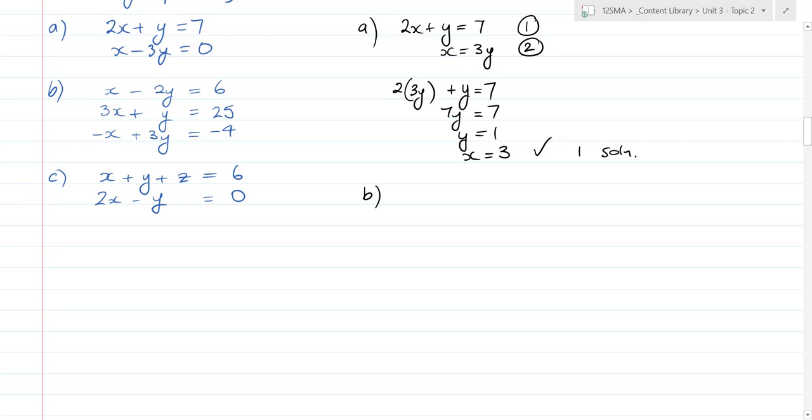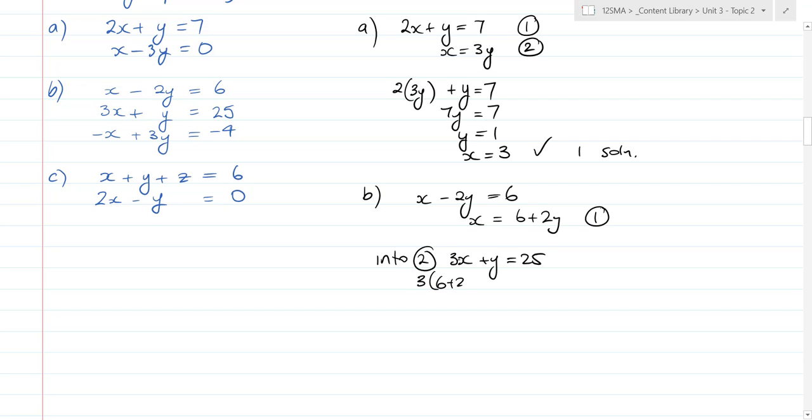So, in question B, we have 3 relationships, but you'll notice here that we only have 2 variables. x minus 2y equals 6, which leads to x is equal to 6 plus 2y. And we'll call this relation number 1. Into relationship number 2, 3x plus y equals 25, which gives us 3 times (6 plus 2y) plus y equals 25.